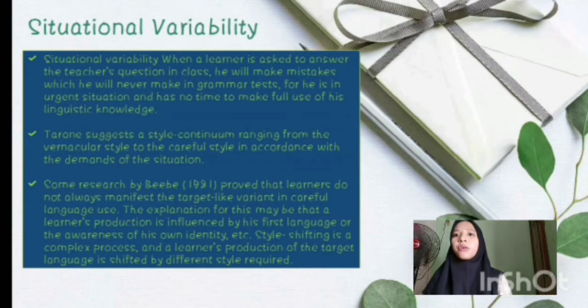The explanation for this may be that a learner's production is influenced by his first language or awareness of his own identity, etc. Style shifting is a complex process, and learners' production of the target language is shifted by the different styles required.